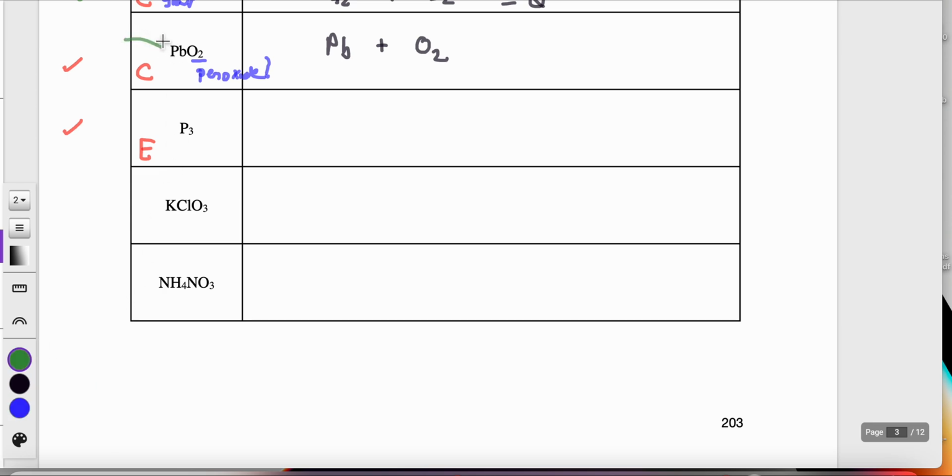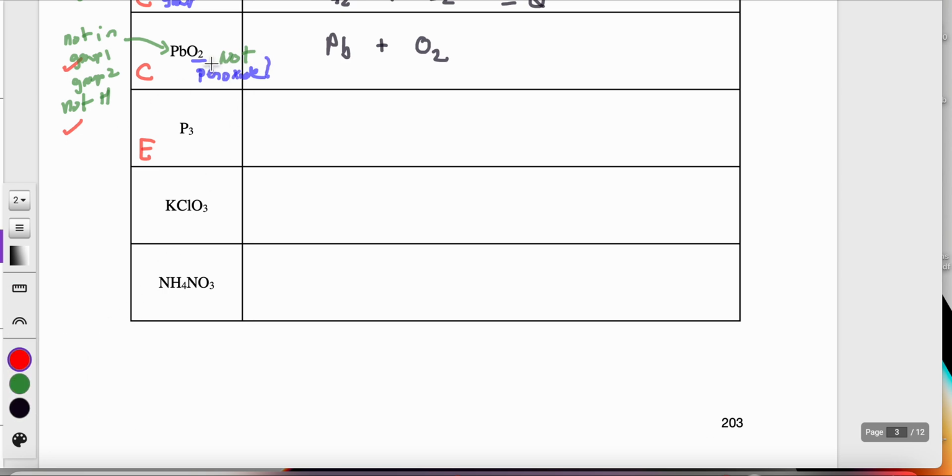Where is Pb? Pb is not in group 1. It's not in group 2, and it's definitely not H. So since Pb is not in group 1, group 2, and it's not hydrogen, this is not a peroxide.